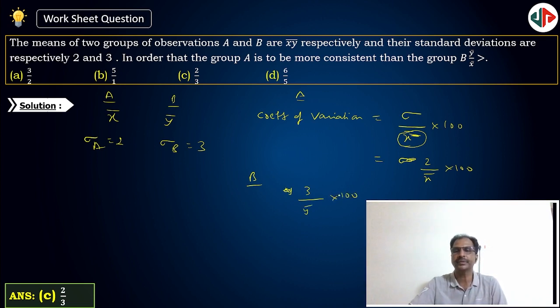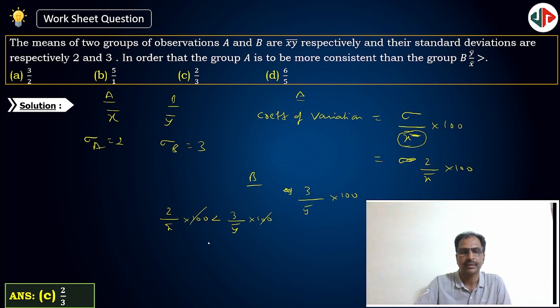Group A to be more consistent means group A's coefficient of variation should be less. That is, 2 by x bar into 100 should be less than 3 by y bar into 100. You can cancel 100. So 2 by 3 is less than x bar by y bar.